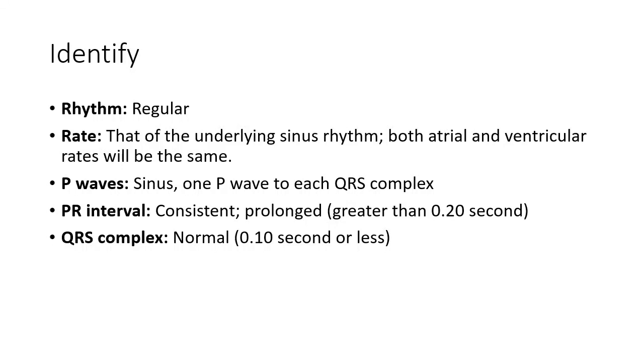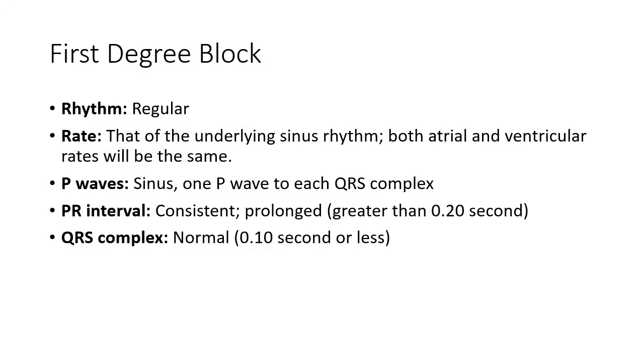The only thing that really sticks out to me is the PR intervals are longer than normal. I can't think of the name. Is it first degree block? Yeah. But again, if I give you a rhythm like this, telling me first degree block is perfectly fine because you have no underlying rhythm to look at.